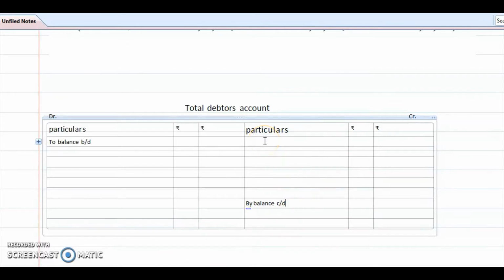Next, what item will come? As I already told you, cash received. Then bills, if it is bills received, in this problem bills are also given. So bills accepted.